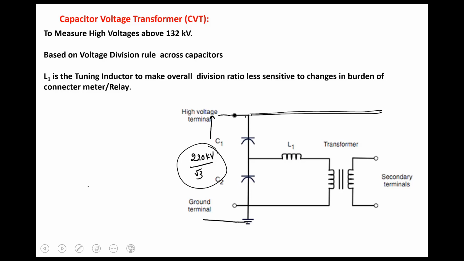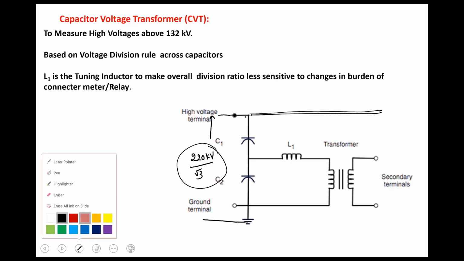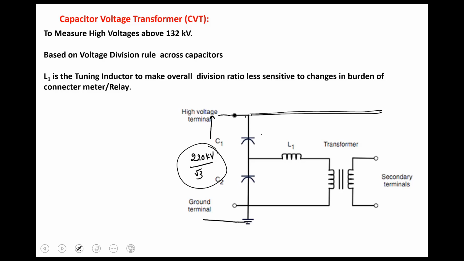Now suppose the C1 value is 0.1 microfarad and C2 value is 0.9 microfarad. Then what will be the voltage across C2? Voltage across VC2 will be the total voltage into the opposite capacitance divided by the total capacitance.